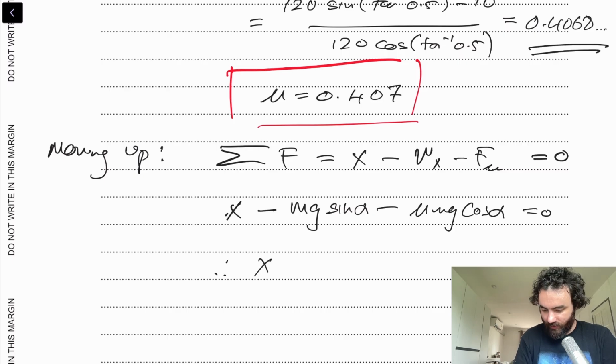So therefore x equals mg, we can factor it out, times sine alpha plus mu cos alpha.